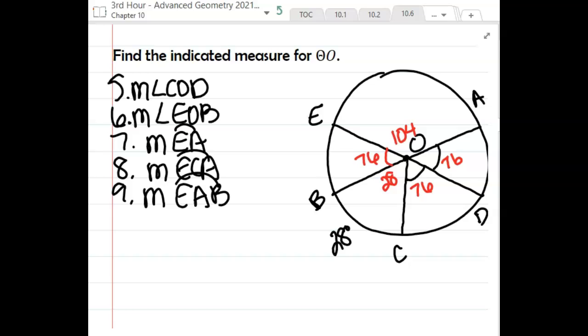So what's nice about filling in the angle measures is now I just kind of have to identify these pieces and throw the answers out there.